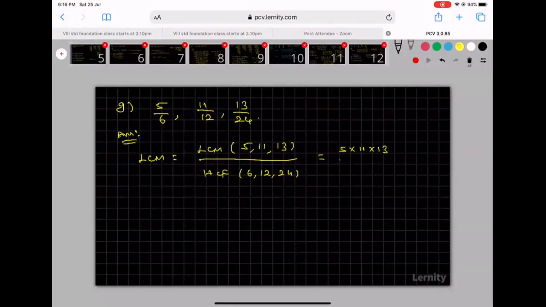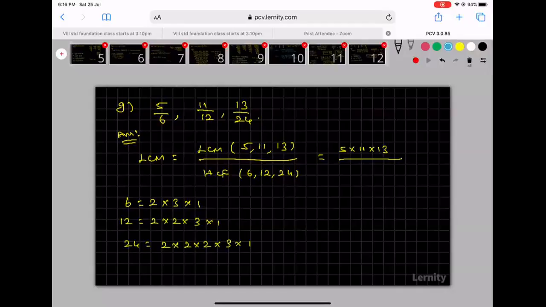5 into 11 into 13, divided by the HCF of 6, 12, 24. 6 I can write as 2 into 3, 12 as 2 into 2 into 3 into 1, and 24 as 2 into 2 into 2 into 3 into 1.